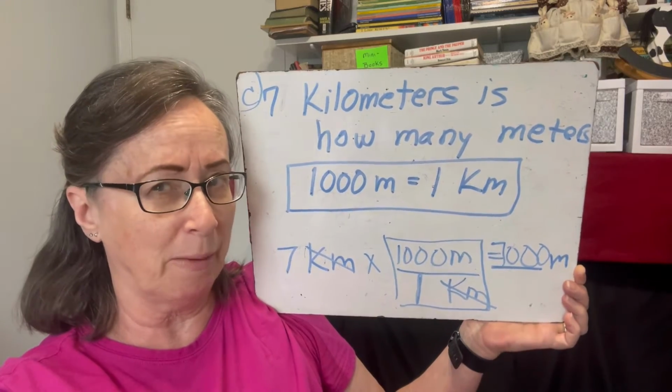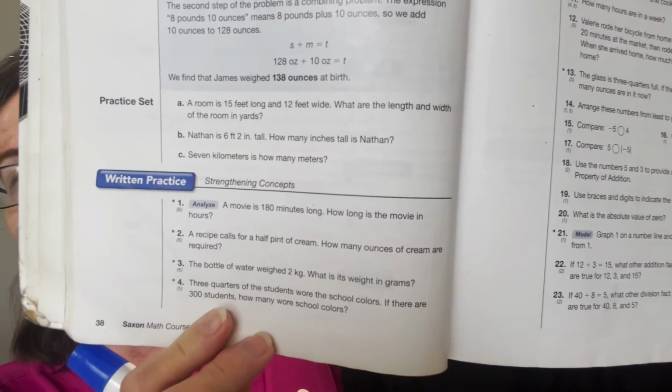Now I'm going to work a couple of problems for you. Okay, so I am on book problem 1, which you should have in your packet in a copied paper. Book problem number 1 says a movie is 180 minutes long. How long is the movie in hours?